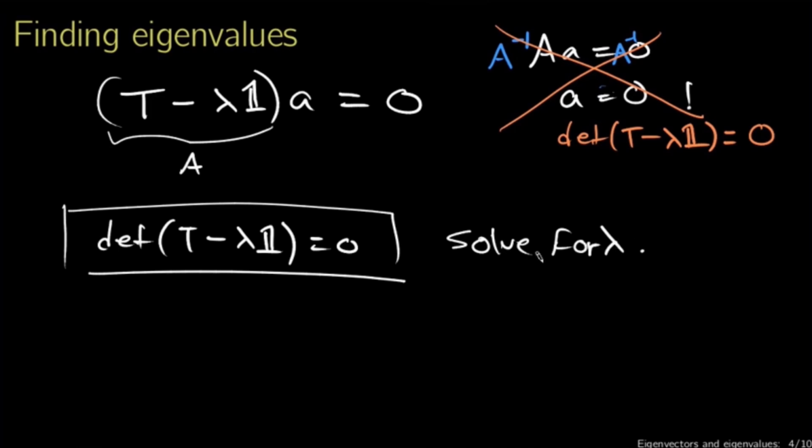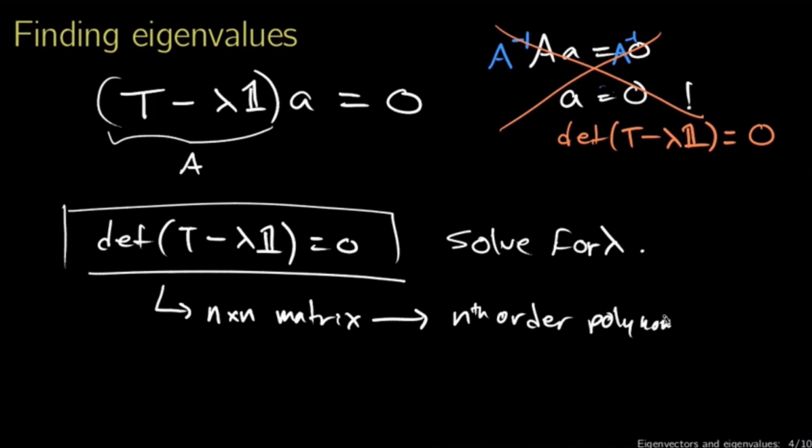We won't find just one solution to this equation. We'll find many solutions. If this is an n by n matrix, this equation is an nth order polynomial in lambda.